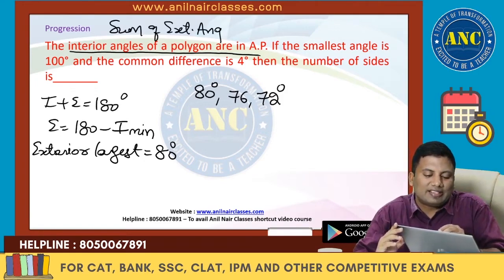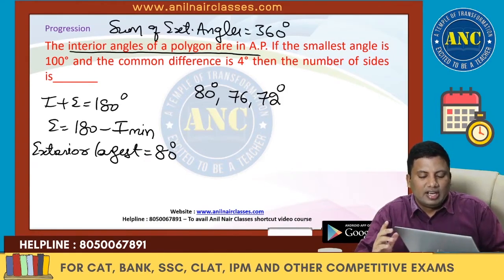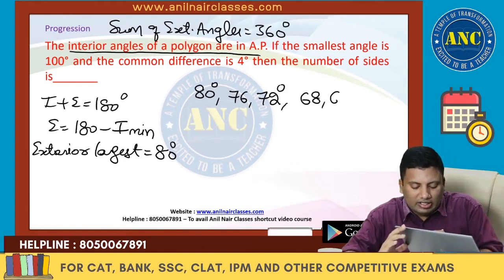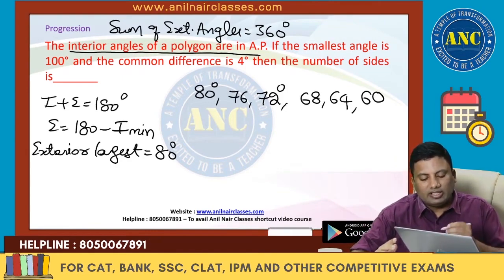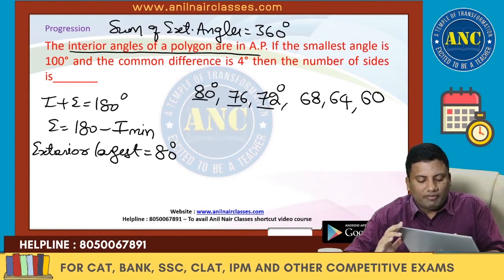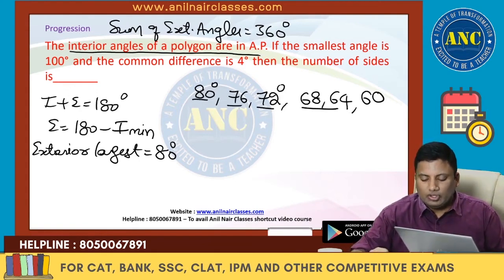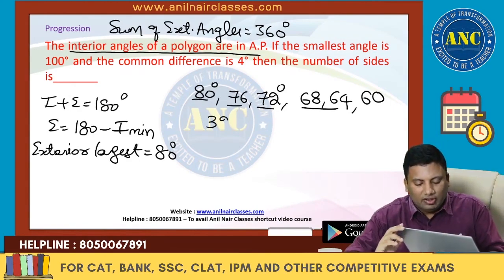Remember, the sum of the exterior angles is always 360 degrees. That means the unit digit should be 0. 68, 64, 60. Let us see what the count is. 80, 140, 140 plus 120 is 260, 320, 320 plus 20.